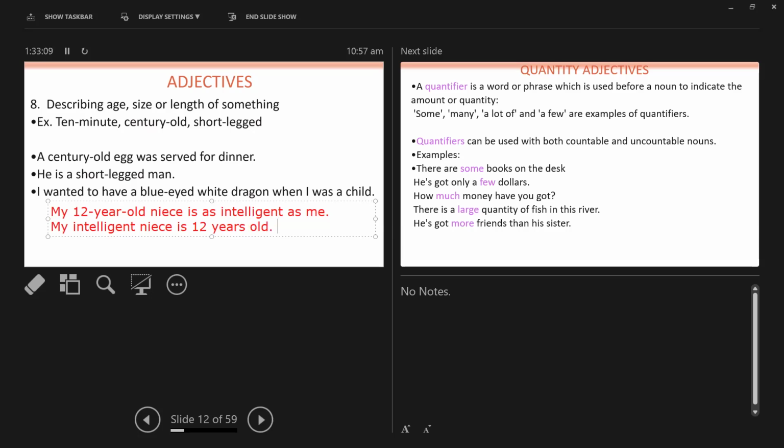My intelligent niece is 12 years old. But if you're gonna use it as an adjective, don't forget to put hyphens. 12-year-old niece. Got it? Okay.